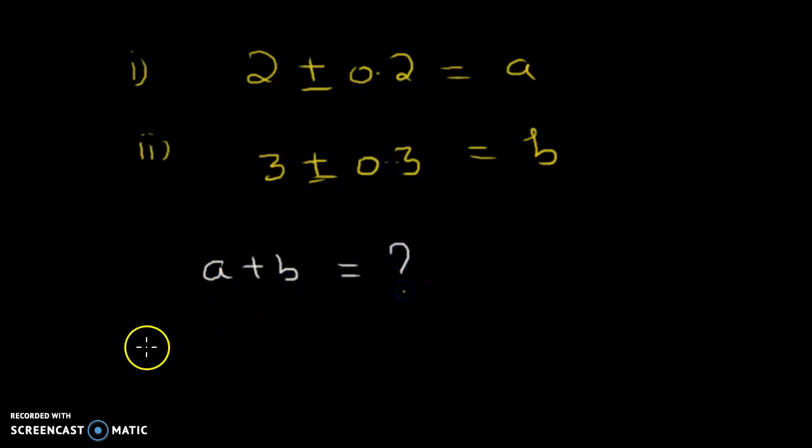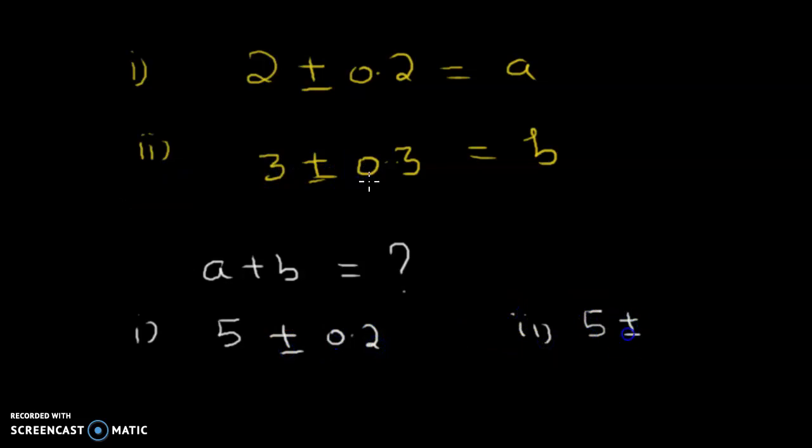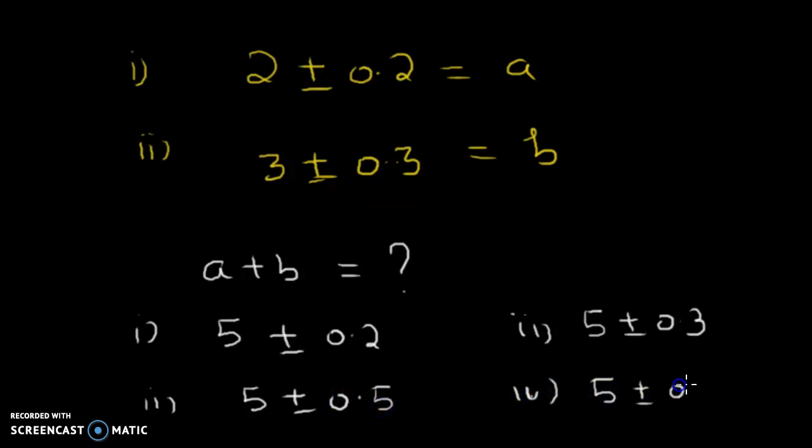Would it be 5 plus minus 0.2, 5 plus minus 0.3, 5 plus minus 0.5, or 5 plus minus 0.1? So if this is the problem, how would you add the errors as well with the readings?